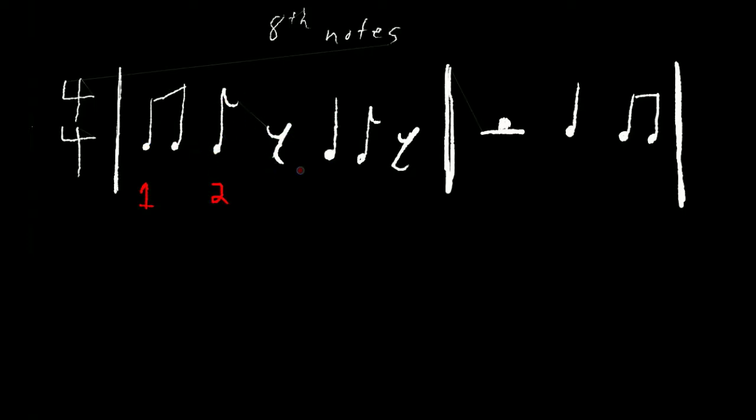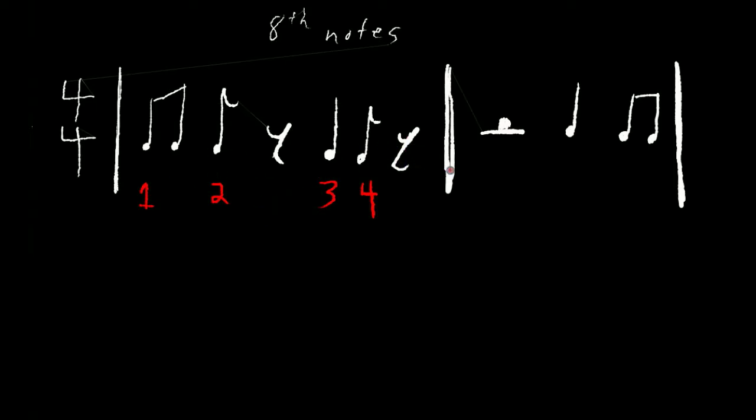So this whole thing together, this eighth note and this eighth rest, equals all of beat 2. Then we've got a quarter note, which happens on beat 3. That quarter note takes up all of beat 3, so then this eighth note starts right on beat 4. And then we've got an eighth rest. So that's our first measure.